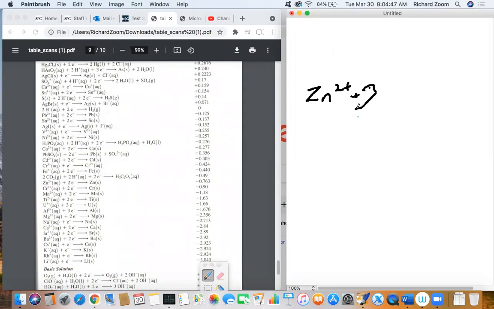Something's slowing me down here. I'm not sure what it is exactly. Okay, that's better. And that's negative 0.763 volts.